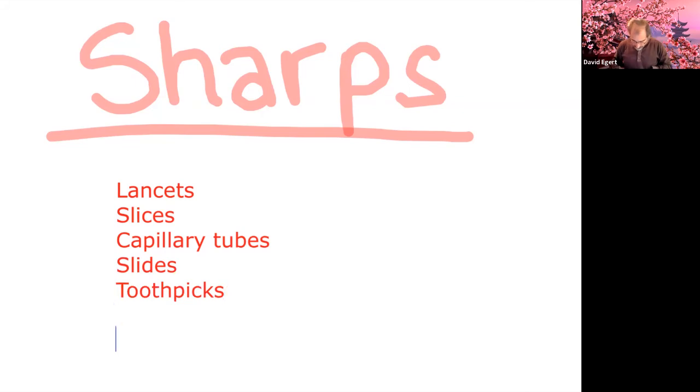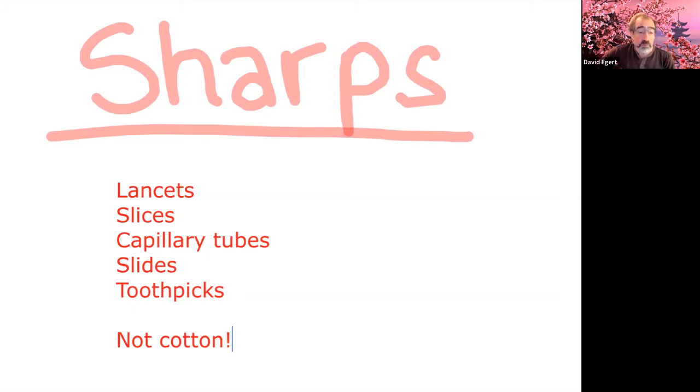So not cotton, for instance. The people who are dealing with the sharps, needles and things contaminated, have to be very careful with them, and it takes time, and you have special containers. So you don't want to throw general trash in the sharps containers, because it's a waste of these expensive resources.